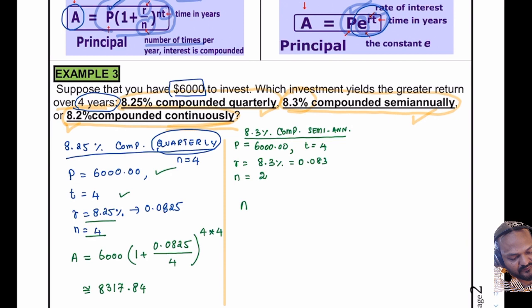Again, if you plug this into the formula, A is going to be 6,000 times 1 plus 0.083 divided by 2, raised to N times T, N is 2 times T is 4.